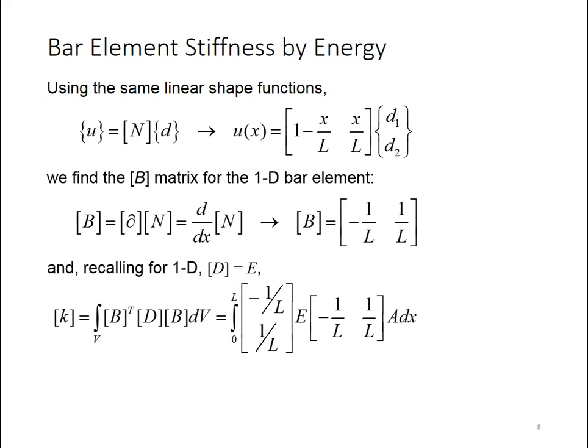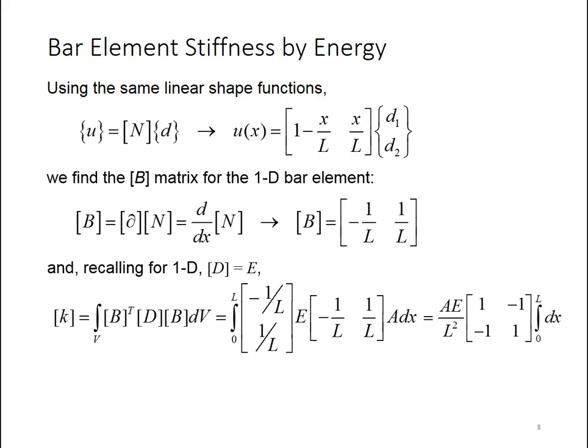And we convert that into an integral over the length, where dV has become A times dx, and the B transpose and B matrices are added in here. Now it's simply a matter of pulling out the A and the E and multiplying these two matrices by each other. So we get the expression shown.